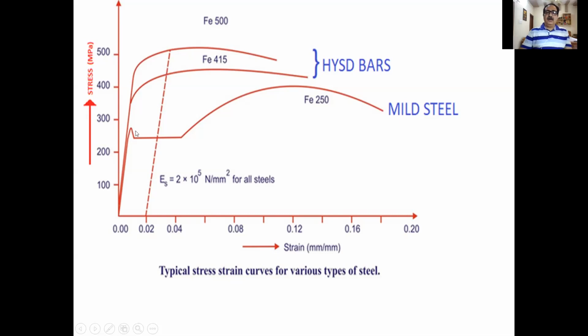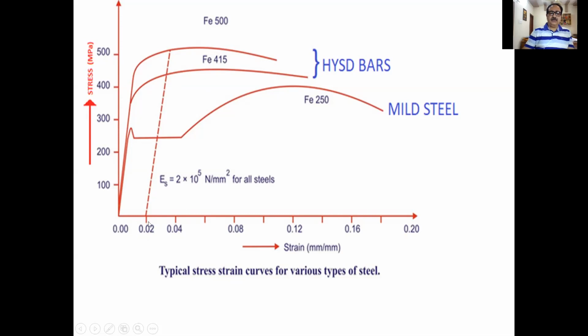A clear point of yield is noticed in mild steel bars, but for HYSD steel, Fe415 and Fe500, we can clearly see a graph which is going up to here and getting flatter over here. No such peak point is noticed in these particular steel bars. So to get the yield point, we generally go for 0.2% strain value.